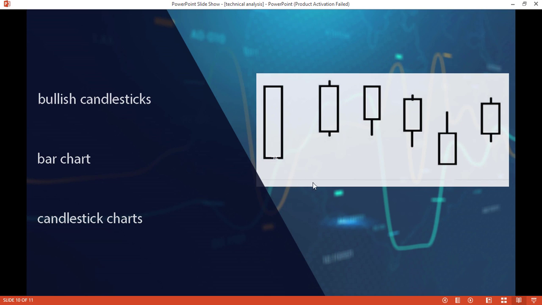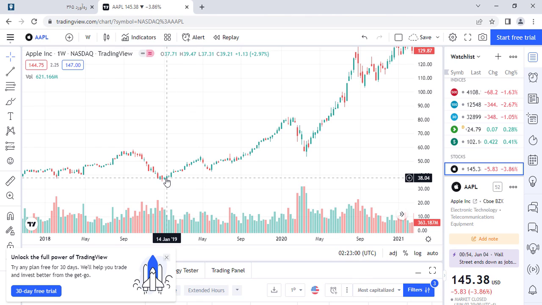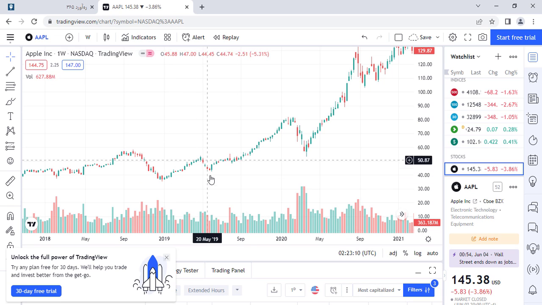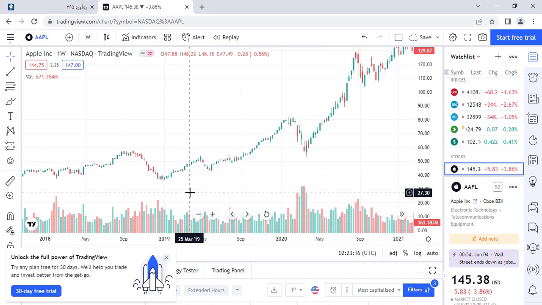For example, the candles that are green, or in some software and platforms are blue, or in some platforms are white, are increasing candles, and each one of these candles has different power.